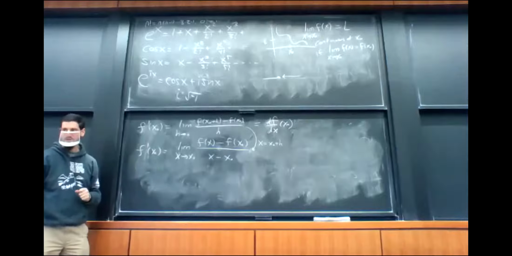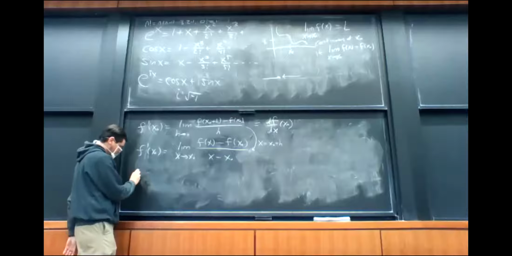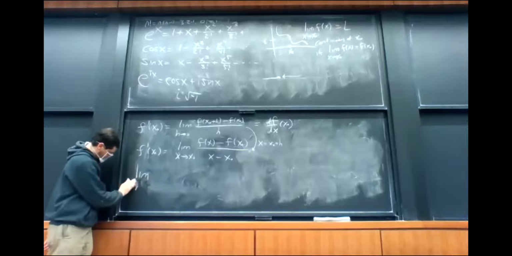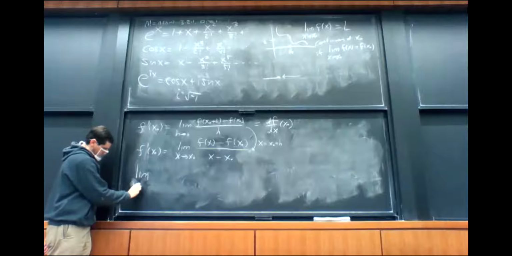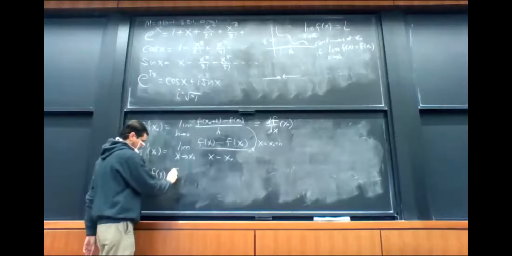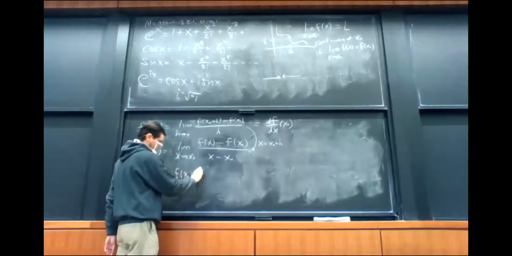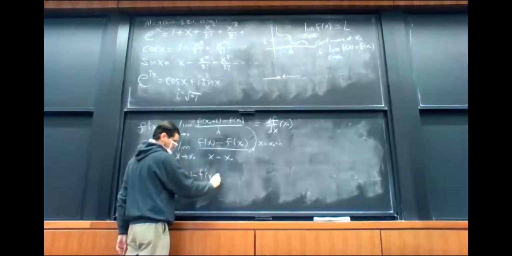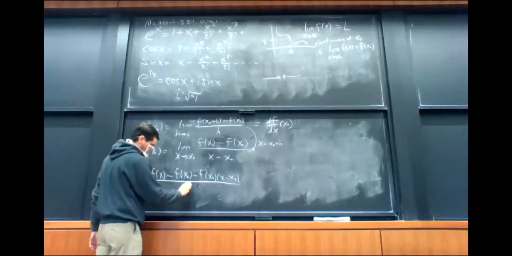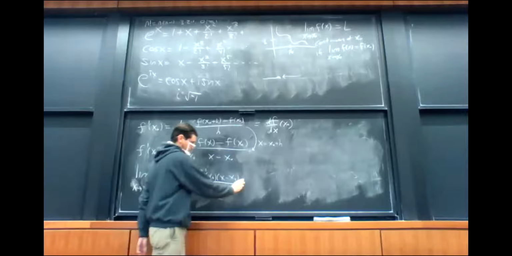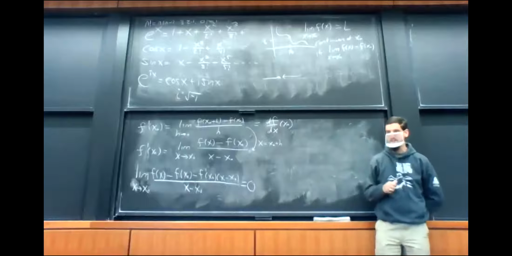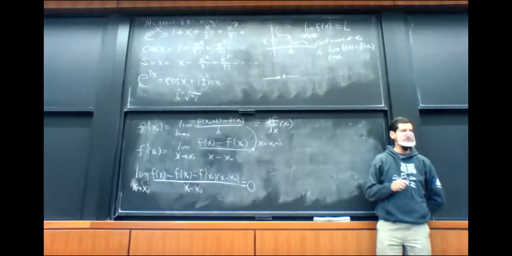Turns out this isn't going to generalize well. What generalizes well is the following. The limit as x goes to x naught of f of x minus f of x naught minus f prime of x naught times x minus x naught, over x minus x naught. That's what's going to generalize nicely for calculus of several variables.